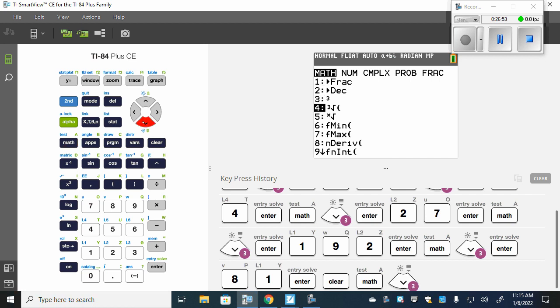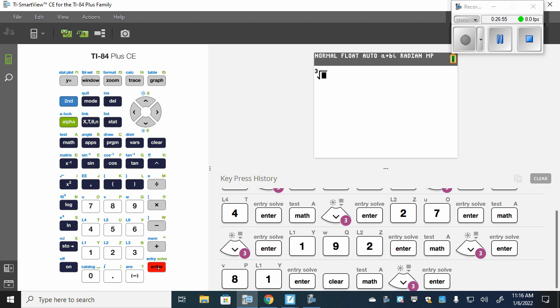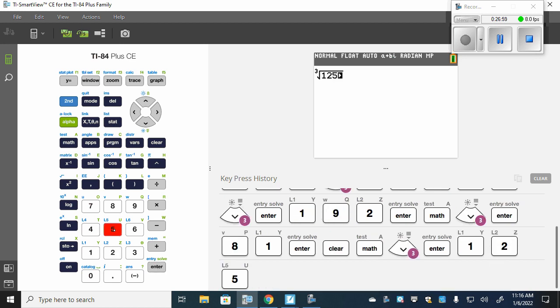So this here would be the cubed root, and we want 125. We can type that in there and hit enter, and it will tell us that it is 5. In the graphing, or the yellow calculators, if we do second, the little caret key, which we normally use to put in different exponents besides 2, we'll do the same thing. We can get it that way.